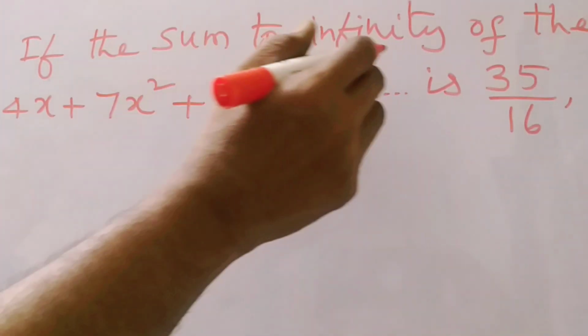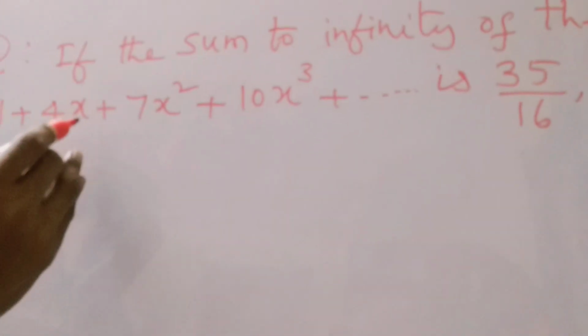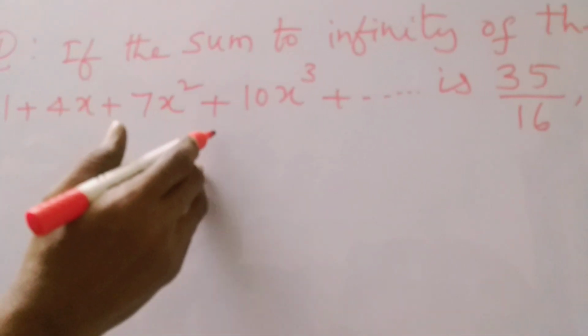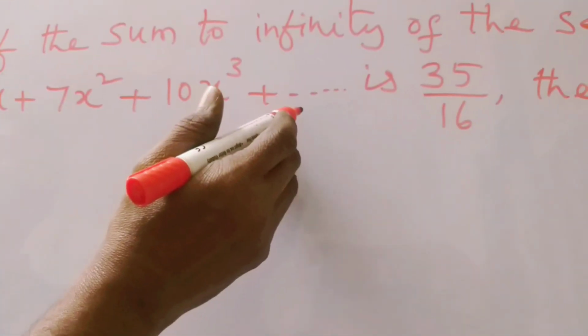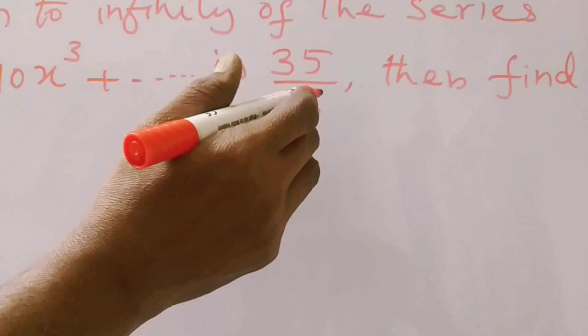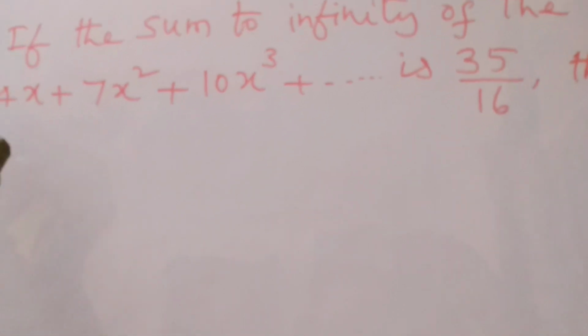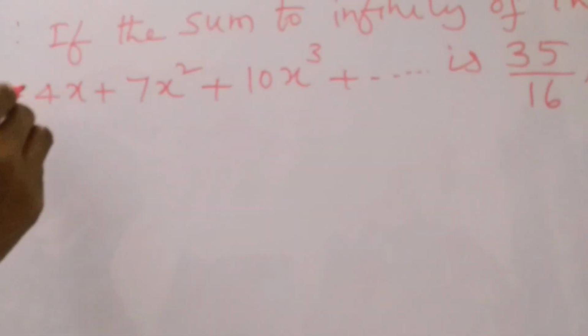If the sum to infinity of the series 1 plus 4x plus 7x square plus 10x cube plus and so on is 35 by 16, then find x. That means here we are given the infinite series.